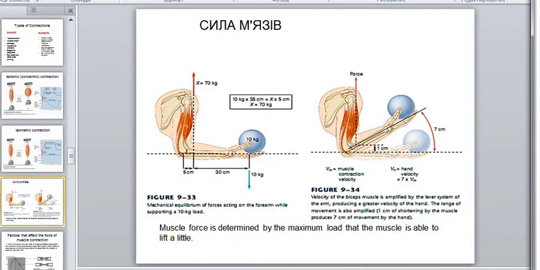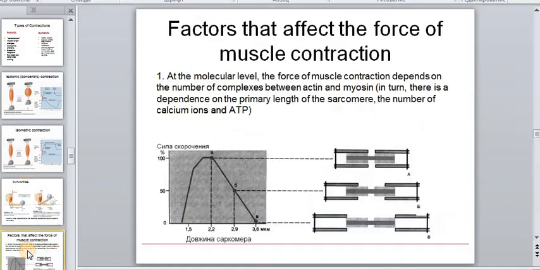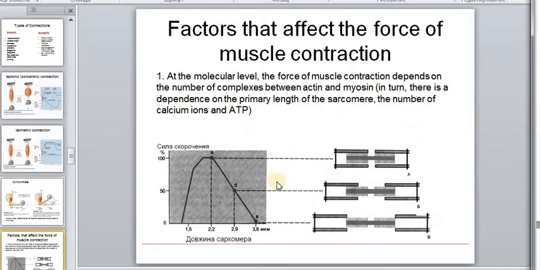Factors that affect the strength of muscle contraction: at the molecular level, the force of muscle contraction depends on the number of complexes between actin and myosin molecules. In turn, there is a dependence on the primary length of the sarcomere and the number of calcium ions and even ATP molecules.